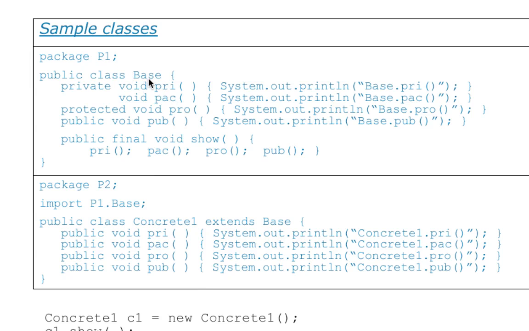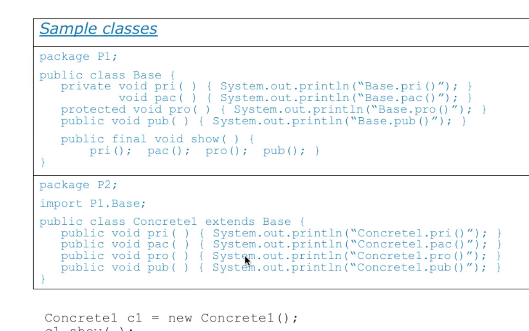And here we have Base. We have base.pri, it's running System.out. Actually, I really hate this example because it's kind of confusing with all the abbreviations. But essentially what we're looking at is creating two classes, a base and a concrete one, which extends base down here. And we're just printing out information.